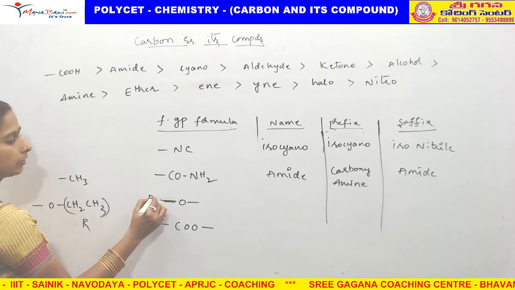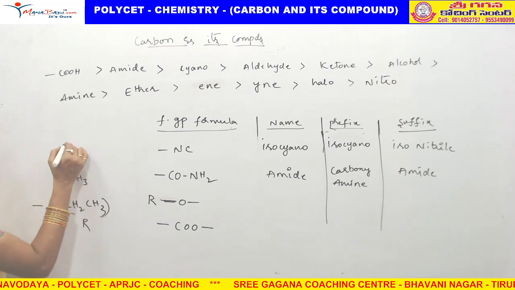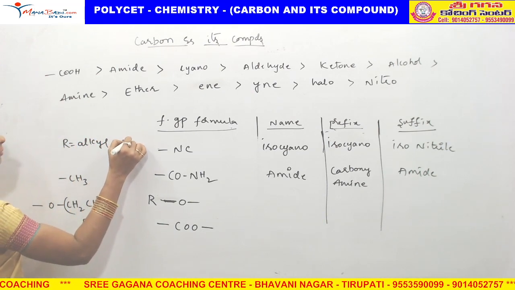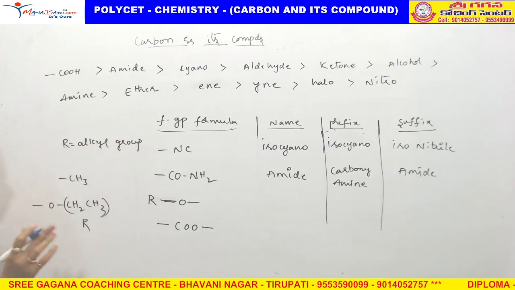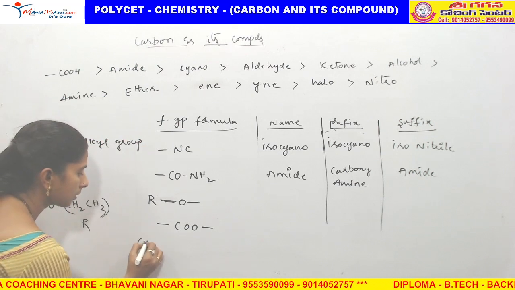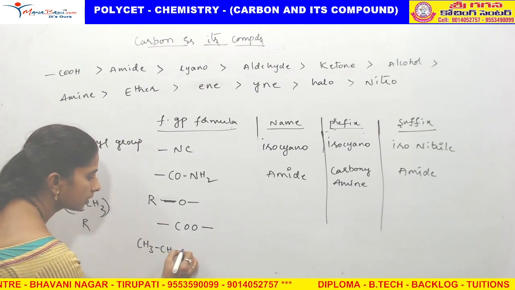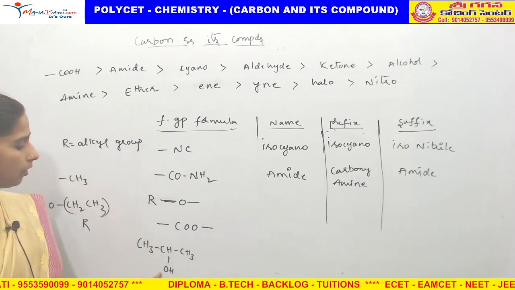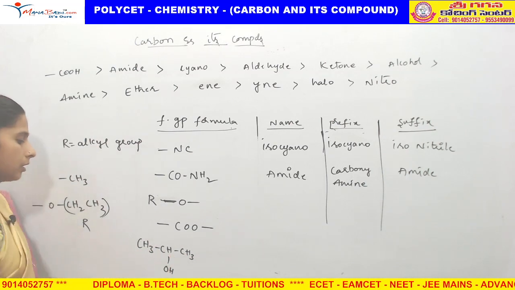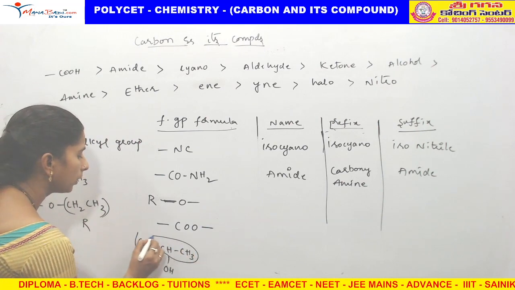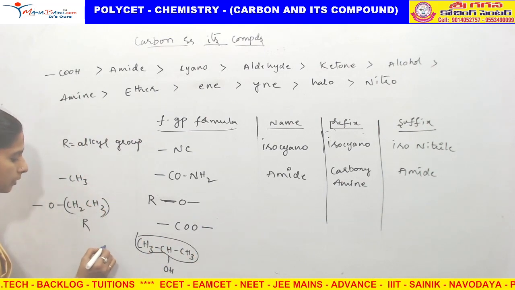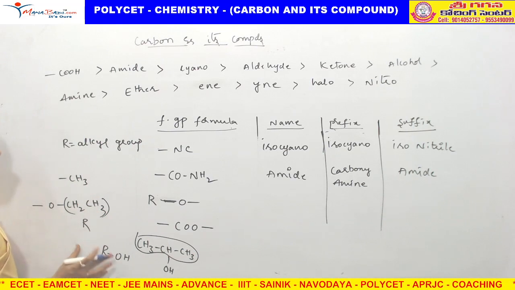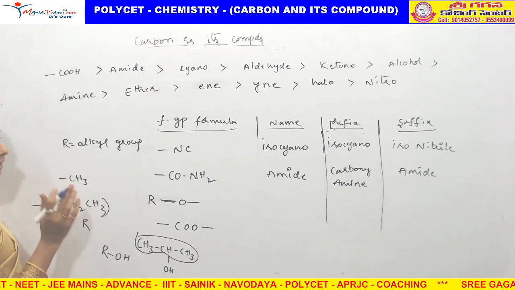We indicate it with R. R equals alkyl group. For example, CH3 with OH attached to the CH, the whole group we call an alkyl group. Simply we can write ROH.